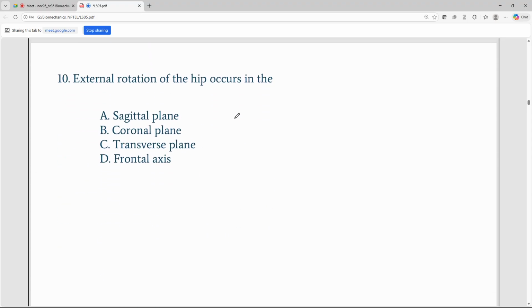Next question. The external rotation of the hip occurs in which of the following planes? Options are option A, sagittal plane, option B, coronal plane, option C, transverse plane, option D, frontal axis.